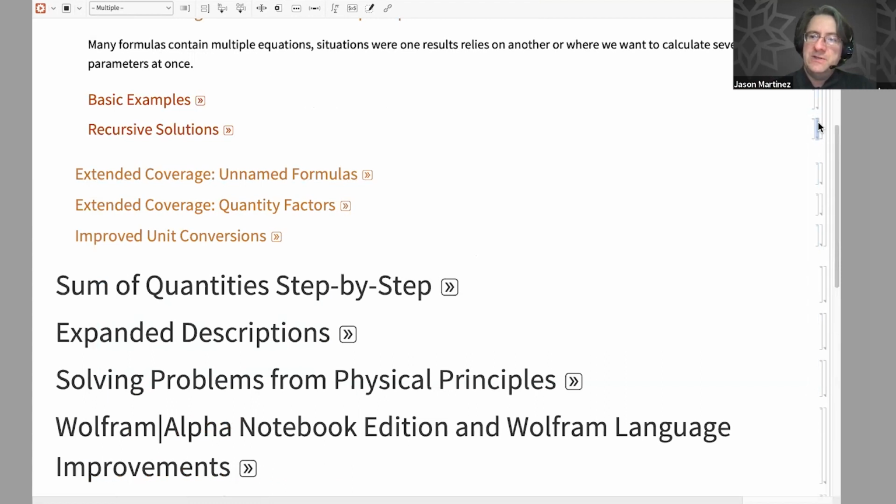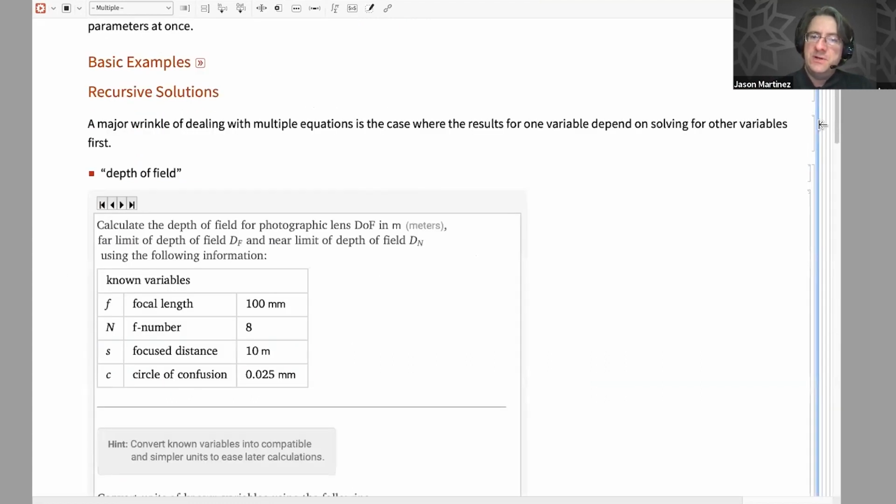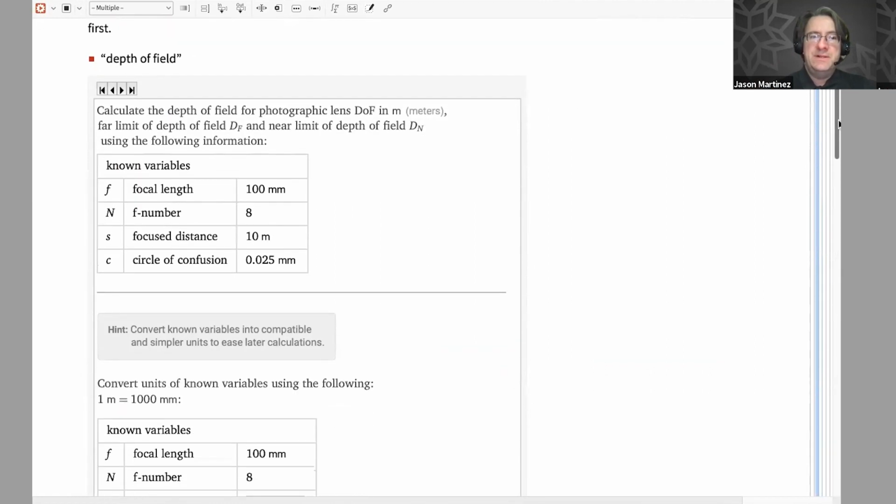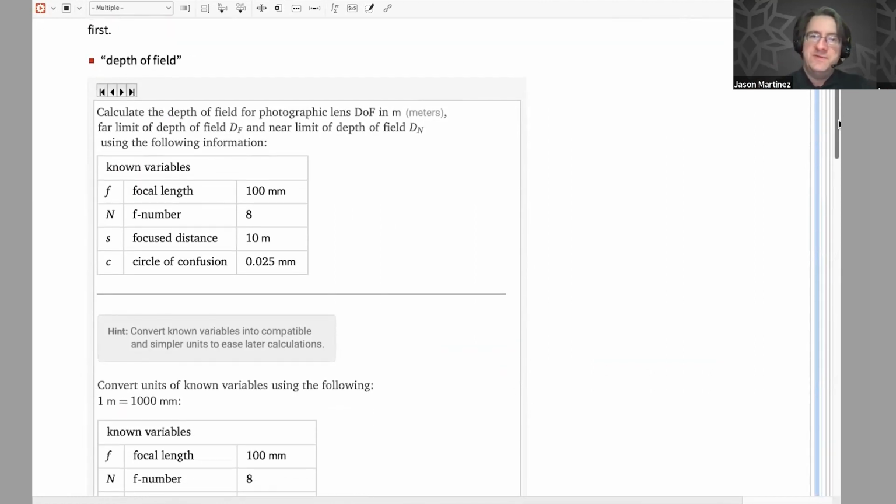This also includes handling for cases where you need to do a recursive solution. So for example, here, taking an example from photography, the depth of field depends on both the far and near limits of the depth of field.